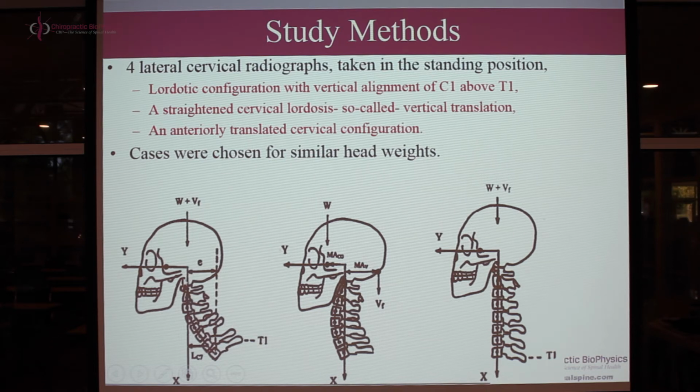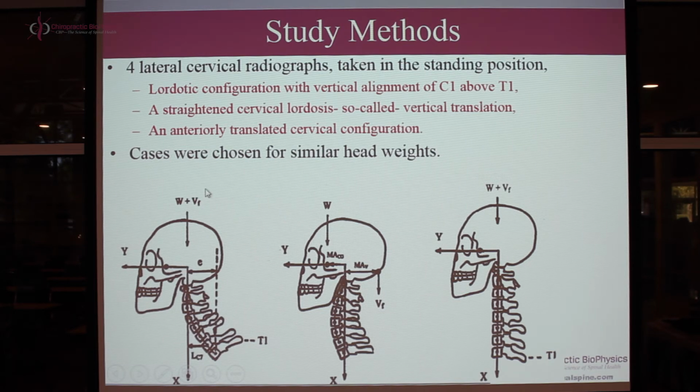That's because the actual load of the skull acts through C1 lateral mass. Okay, and then we have the actual center of gravity of the skull, which is depicted here, and we have a lever arm here that's the anterior lever arm from the center of gravity of the skull to the atlas lateral mass.